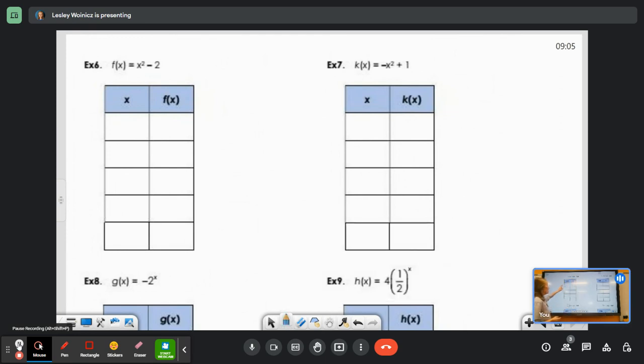Okay, we're gonna do number 7 together, and then I want you to do number 6, okay? So put in your usual suspects: -2, -1, 0, 1, 2. So I want k of -2. k of -2 equals the opposite of -2 squared plus 1.